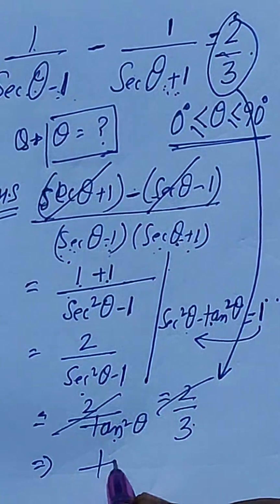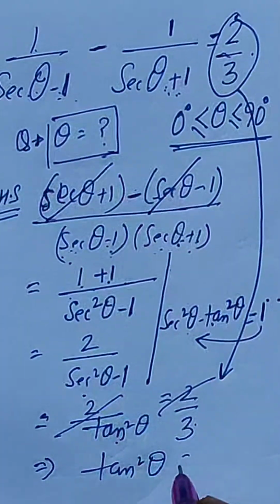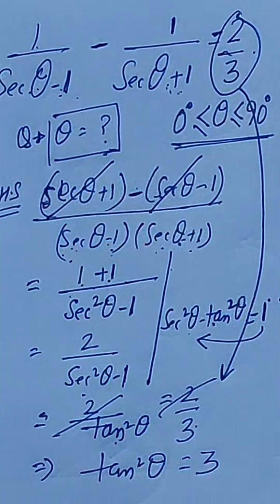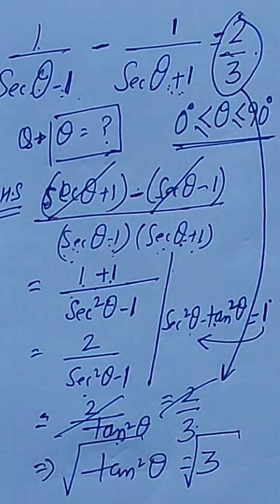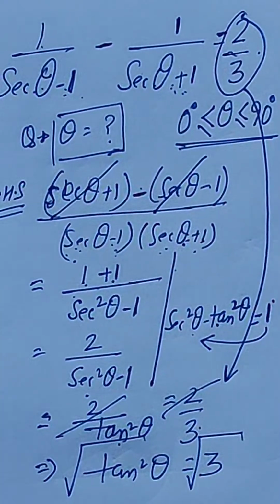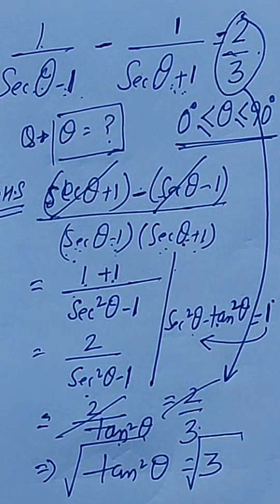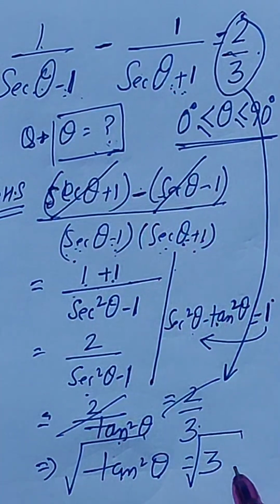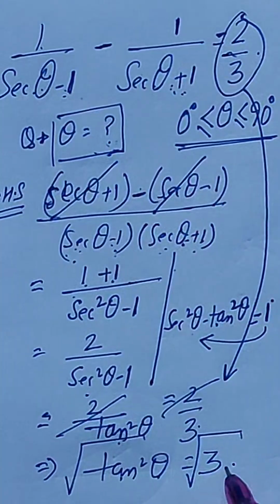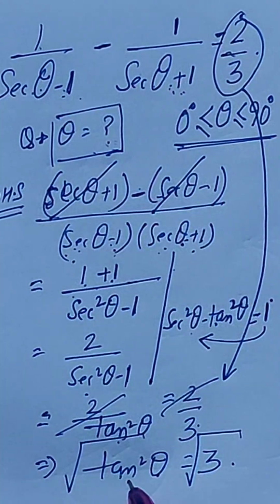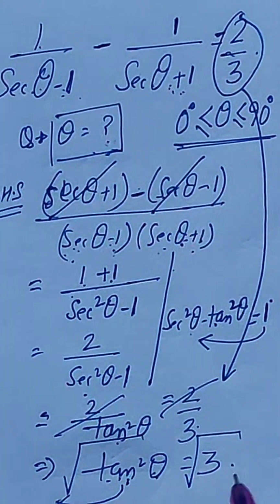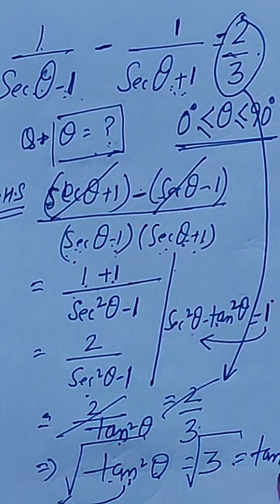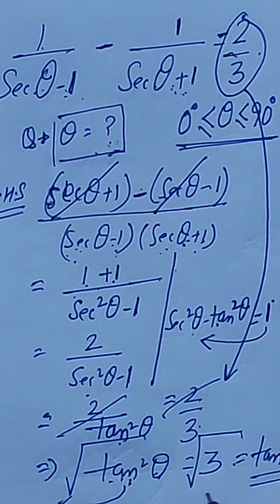Cross multiply, tan square theta is equal to 3, and when you take the square root on both sides of the equation, we need to find the value of theta, mind it. So we will get the value of tan theta. So tan theta is coming as root 3.